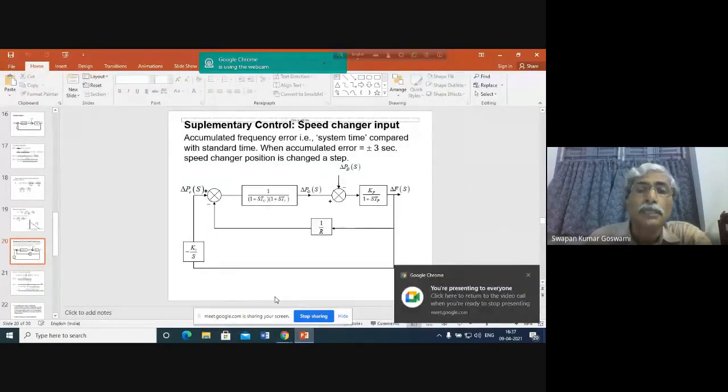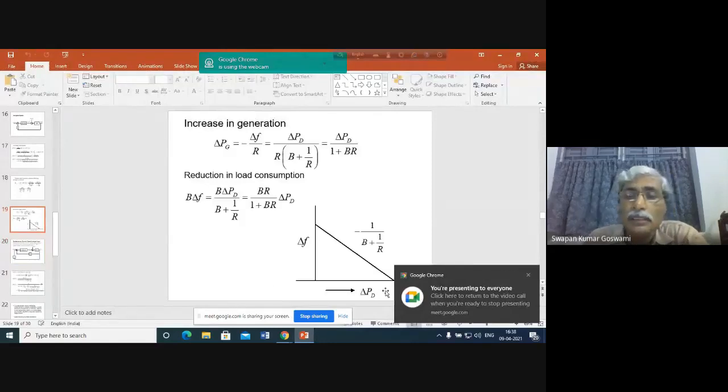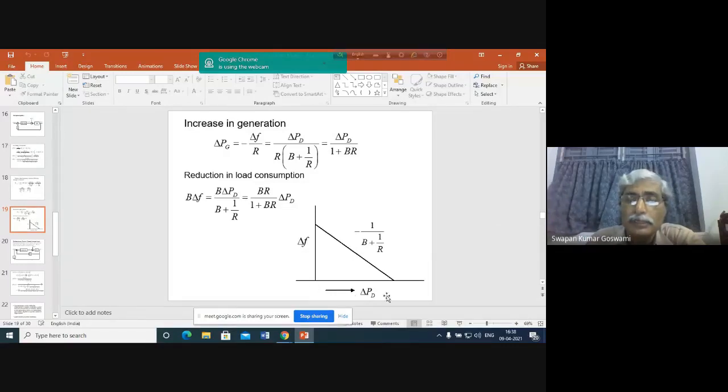Okay, now what you have seen, say initially the system was delivering a certain amount of power, say this much. This is delta PD showing. So here the load is 0, here the load is 100%, and variation in demand we are expressing as delta PD. Say this much was the value of demand.